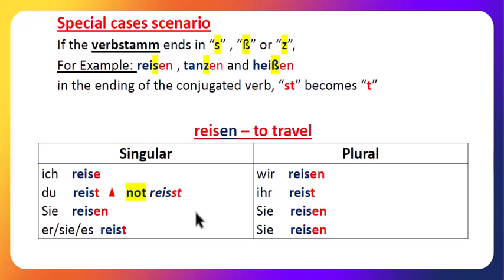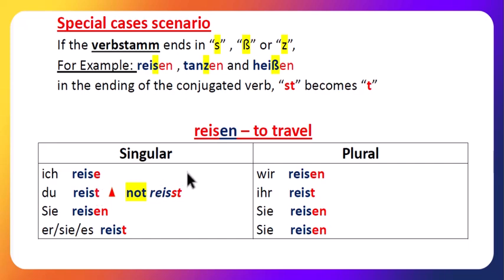Maybe you don't know, or maybe you have heard of it, but you don't remember. If you don't know and you use it in a sentence, it might sound correct because of the pronunciation. If you say "du reist" it is correct.